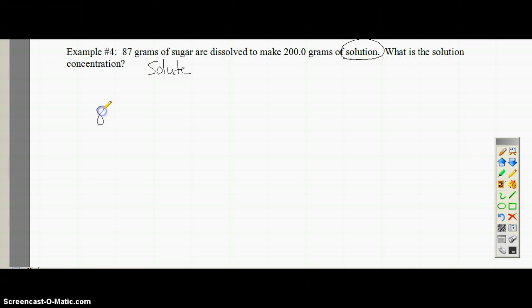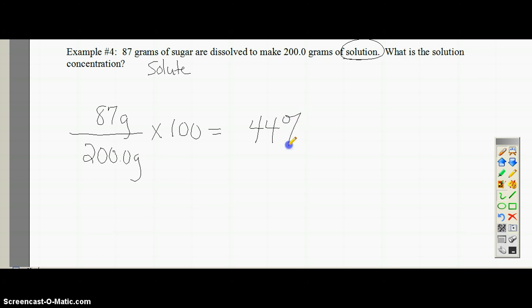This one will just be 87 grams divided by 200 grams of solution times 100. When I calculate that out, I get 44%. And again, 2 sig figs here, because 87 is only 2 sig figs, even though the 200.0 is 4 sig figs.